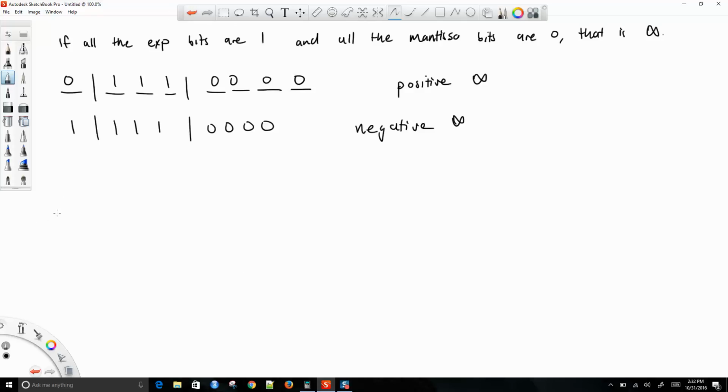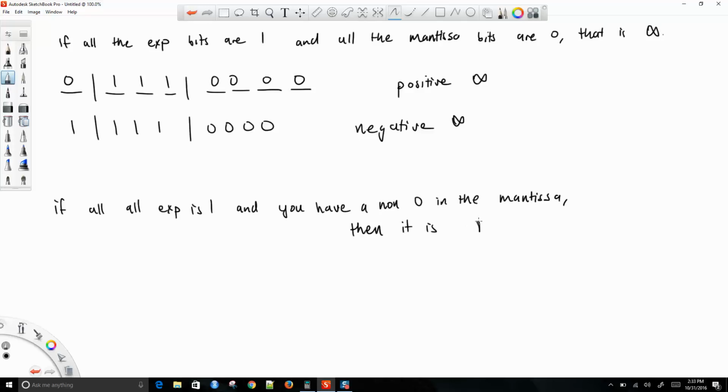If all the exponent bits are 1 and you have a non-zero in the mantissa, then it is not a number. Not a real number.